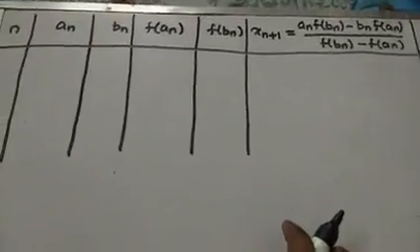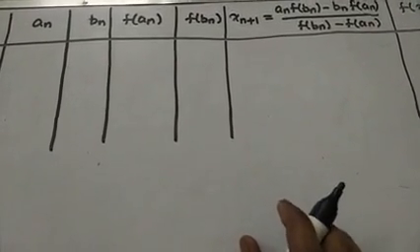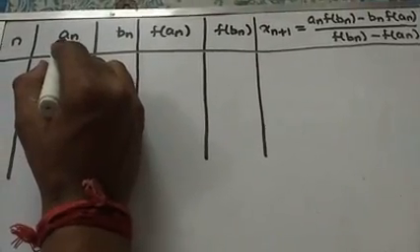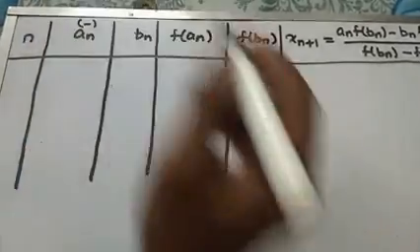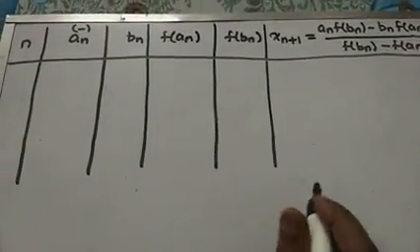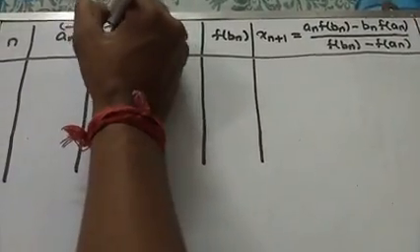Now the first thing to remember: f of 0 value was negative, and 0 indicates a0, so we assign an as negative, and f of 1 value was 1, that is positive, so we indicate bn as positive.